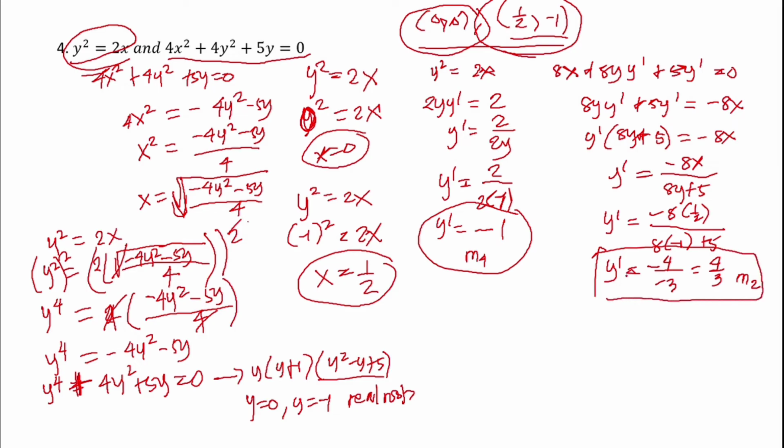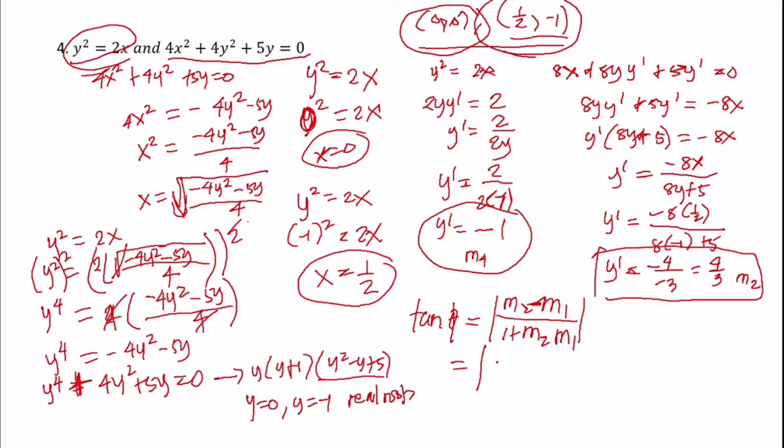Okay, so we have now the two slopes. By the use of the formula, this is step number 3, our tangent phi is equal to the absolute value of M2 minus M1 over 1 plus M2 M1. So what is the value for our M2?